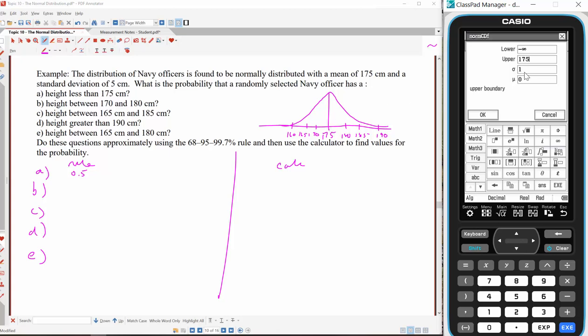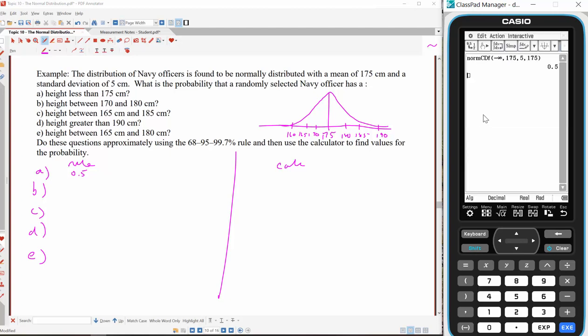Now I know that the answer has to be 0.5, but let's just see what it says. Now sigma is the standard deviation. Be careful, okay? It's the standard deviation, which is 5 in this case, and mu is 175. So again, this has to be 0.5, and it is.